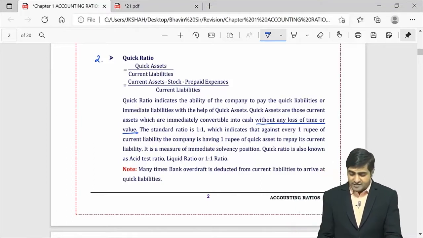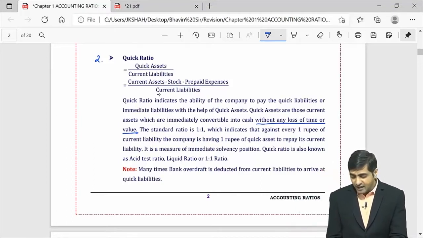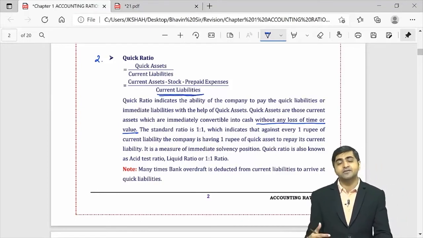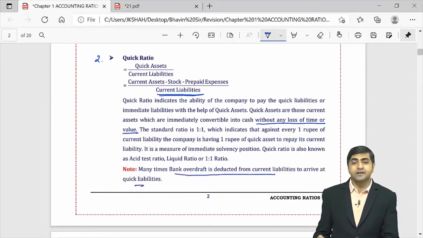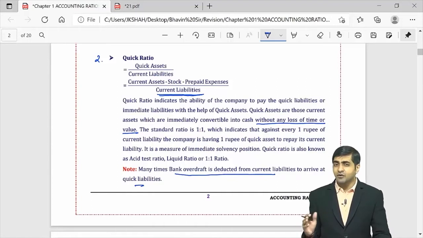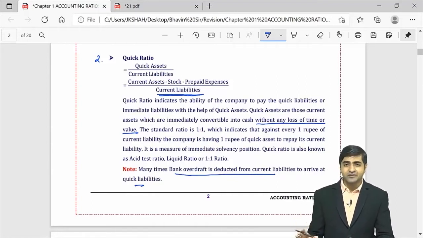Okay. So guys, all the current liabilities are to be treated as your quick liabilities. Sometimes bank overdraft can also be deducted from the current liabilities to arrive at quick liabilities, but we don't do that unless specifically mentioned. Which means that your bank overdraft should also be treated as your quick liability only.